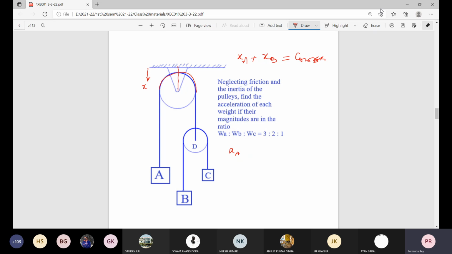So all these things are included in that term constant. So ultimately, x_A plus x_D, that is constant, so a_A plus a_D is 0, or a_A is minus a_D, or a_D is minus a_A, whatever we like to present it, you get the relation.